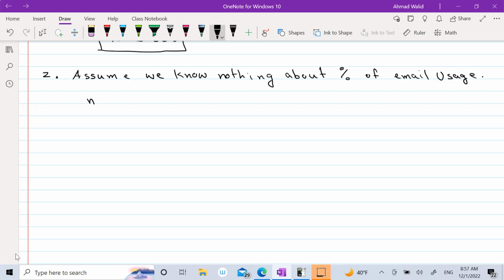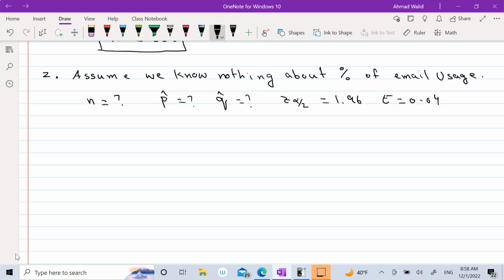Again, I know my n, which I have to find, correct? p hat, I don't know. q hat, I don't know. It's not given. If p hat is unknown, q hat is also unknown. Again, Z alpha over 2 will be the same, 1.96, and the margin of error will be the same, 0.04, correct?